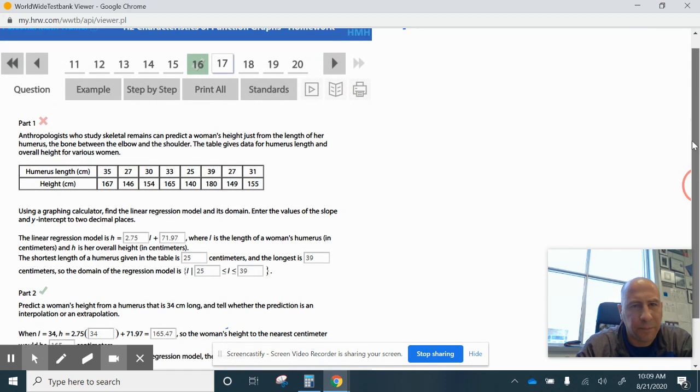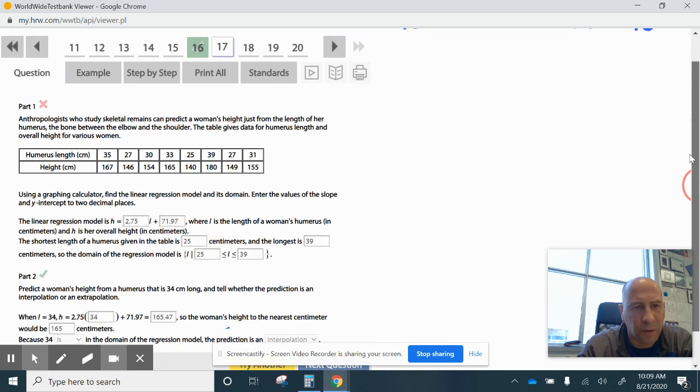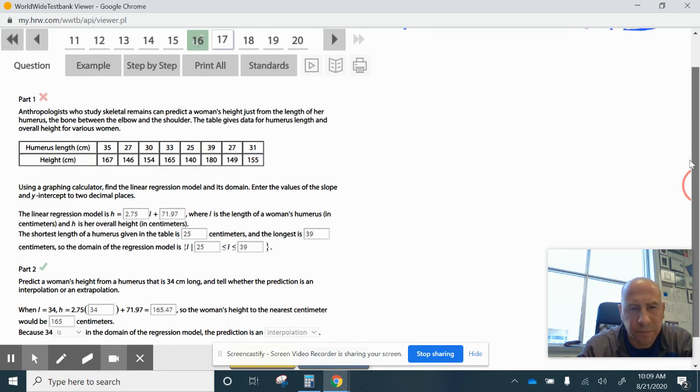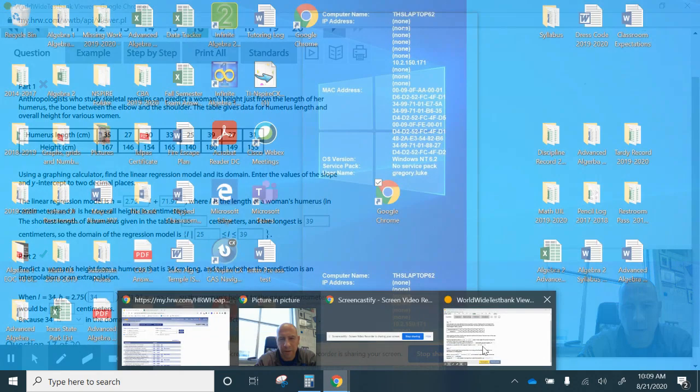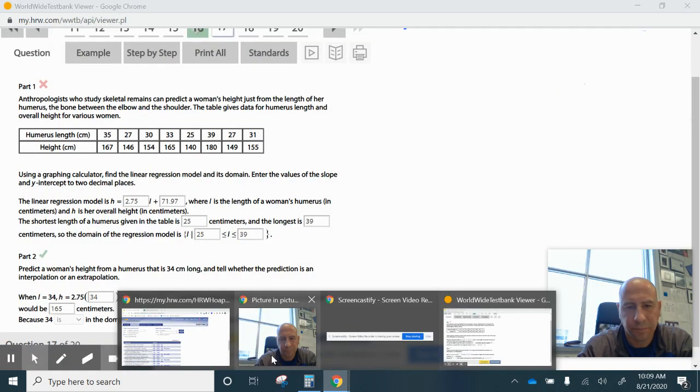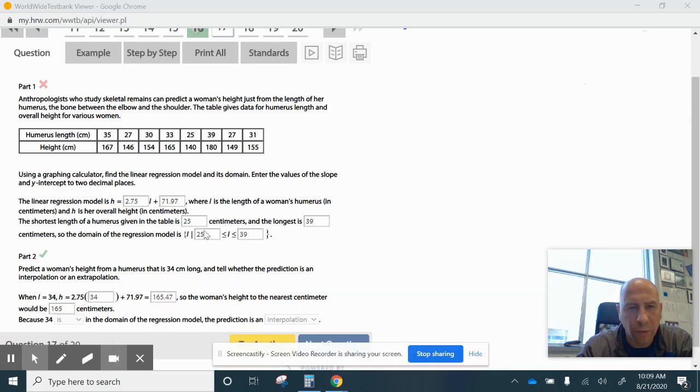What they're saying is something's wrong in the domain. Let's look at the graph. Why are they saying the domain is wrong? Because I'm almost, see, oh, I think something got changed here.